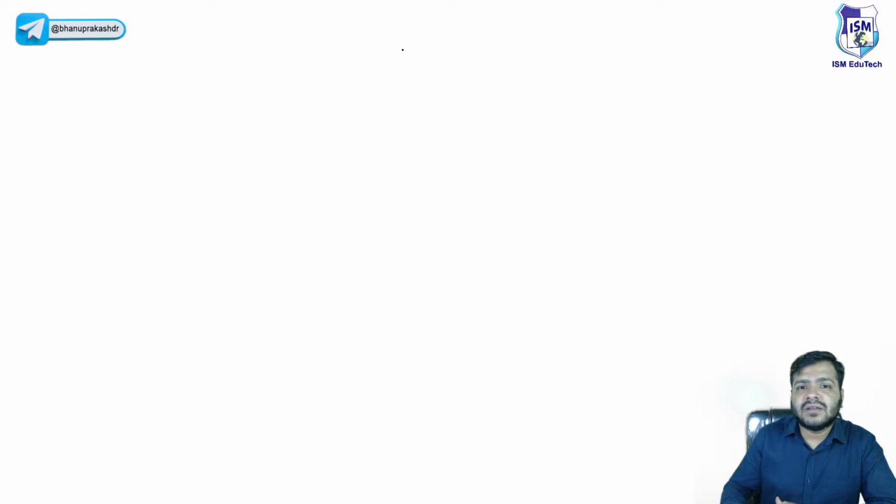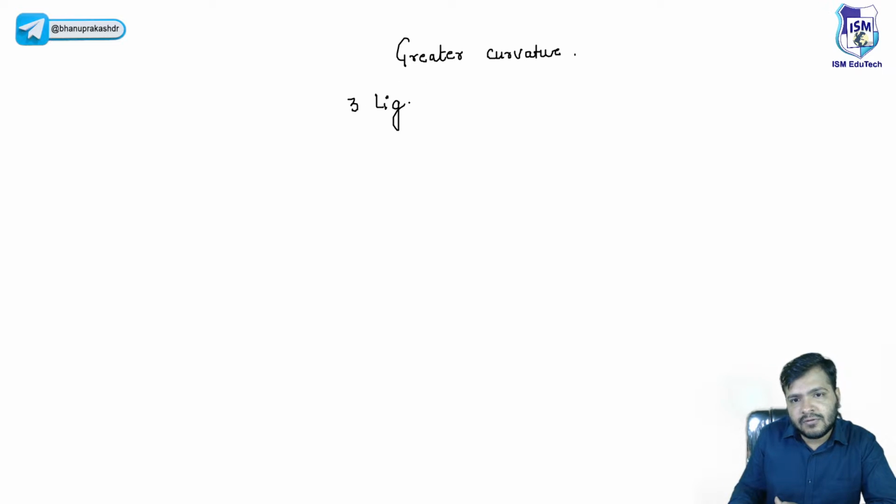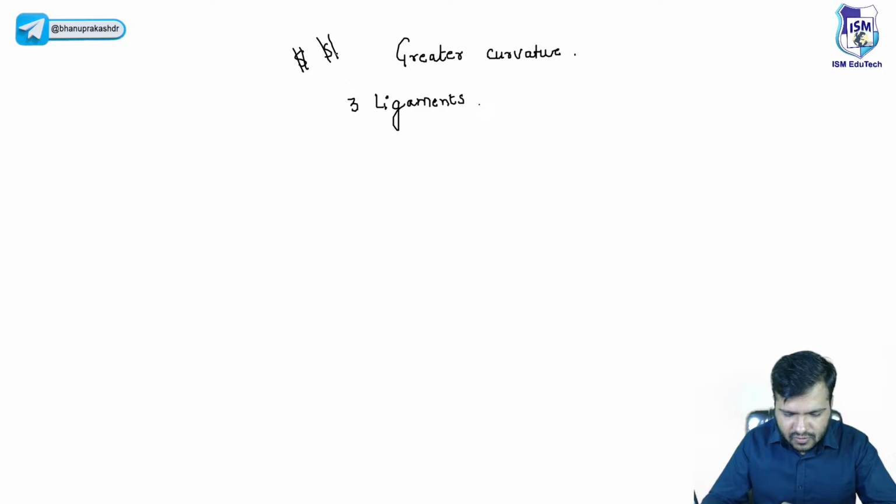Now, we are discussing the greater curvature. In the greater curvature, we have three ligaments. Can anyone tell me the names of the ligaments? This is very, very important, and you already know this. Which ligaments are present, beta?